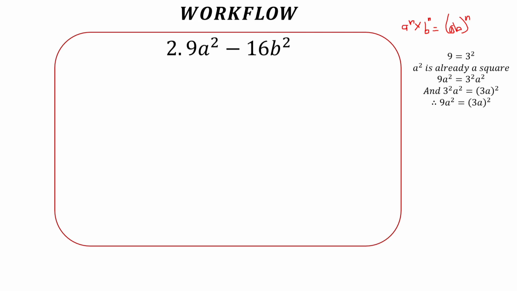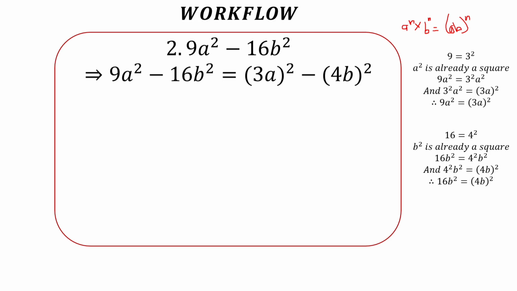Then for 16b squared, 16 can be written as 4 squared, and b squared is already a square, so following the same principle, we can write 16b squared as 4b all to the power 2. Combining the two, we can write 9a squared minus 16b squared as this whole new expression.